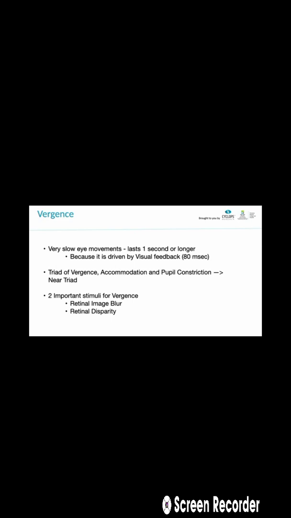Convergence insufficiency is also found in patients with Parkinson's disease or progressive supranuclear palsy.